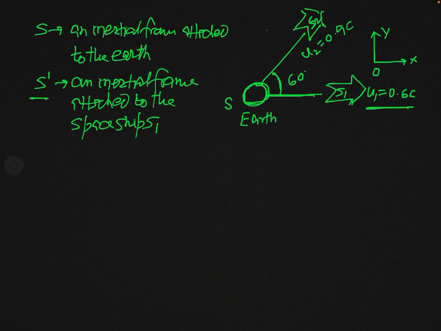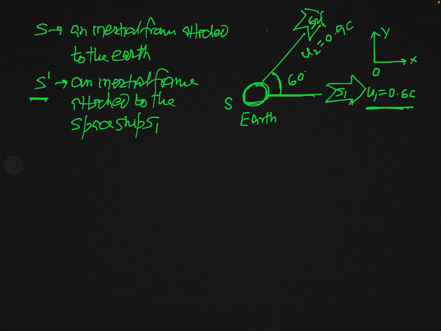First of all, see what is given in this frame. When you consider a moving inertial frame, as I have considered here S prime attached to the spaceship S1, then its velocity is constant, and in this problem this velocity has been given as 0.6 c.